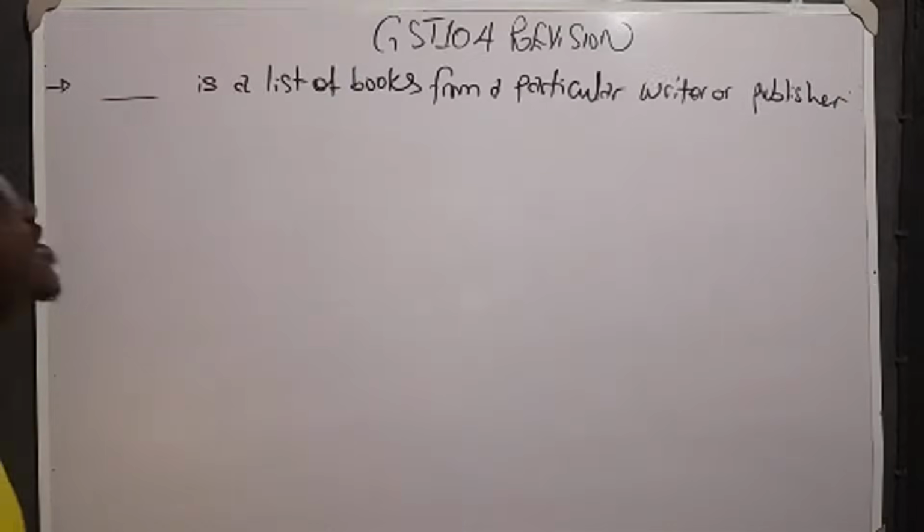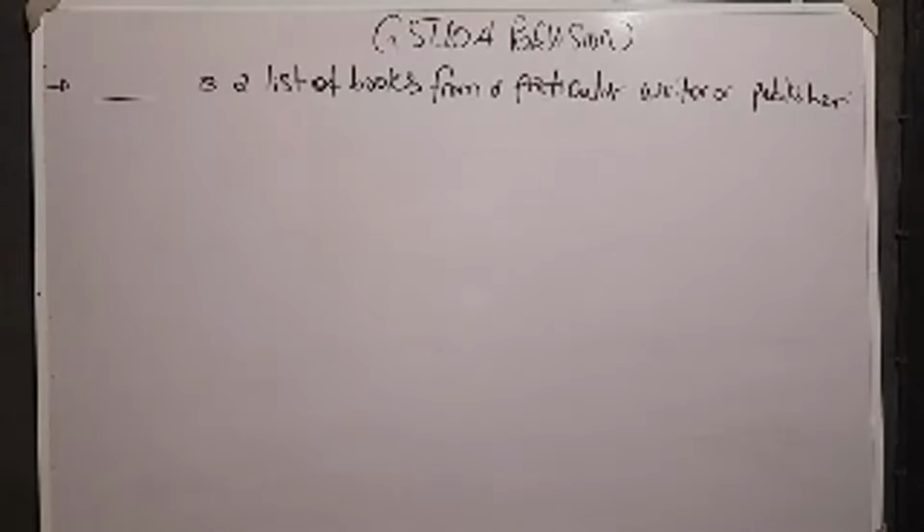Dash is a list of books from a particular writer or publisher. So what do we call that?